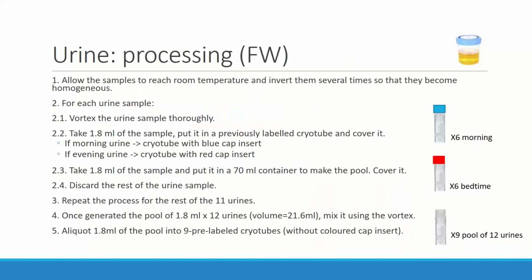And regarding this other recipient, the one that is needed to prepare the pool, this is going to be bought by each one of the cohorts. So each cohort will use a different one, but you have to keep some of them for the blanks. Yeah, so if there is any problem, we can track it. Yeah, I think the cryotubes are also quite okay with the plastic, but everybody has to check it. It would be perfect if they can have some blanks.